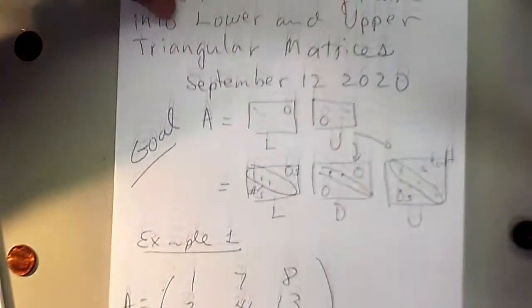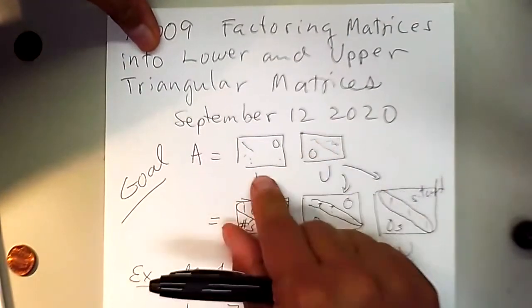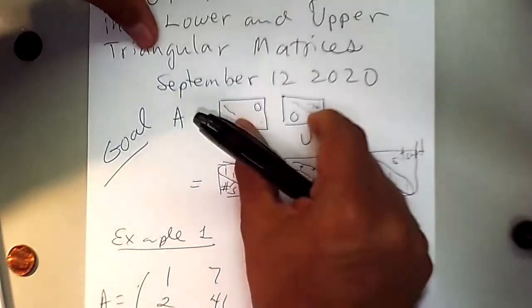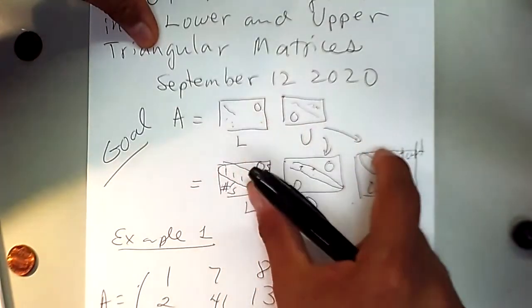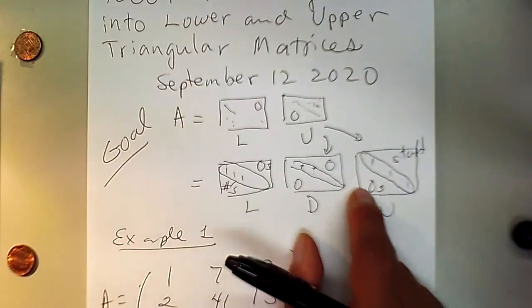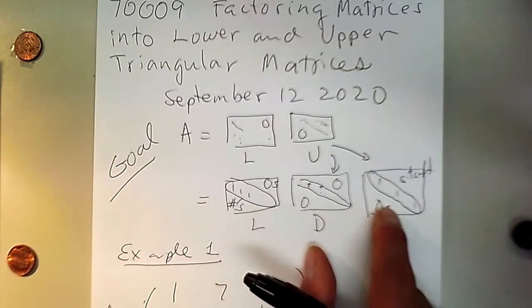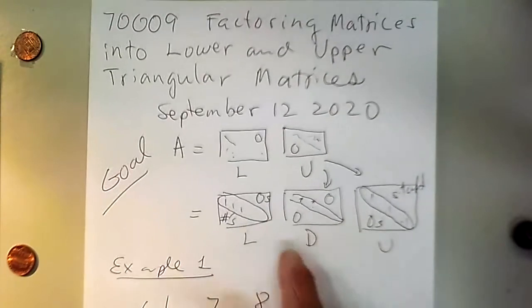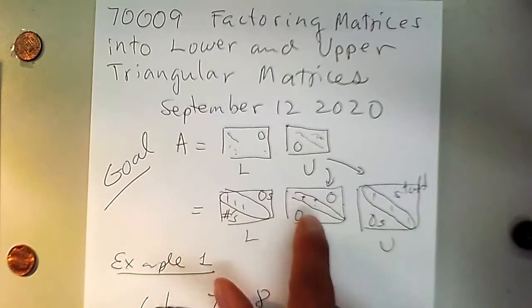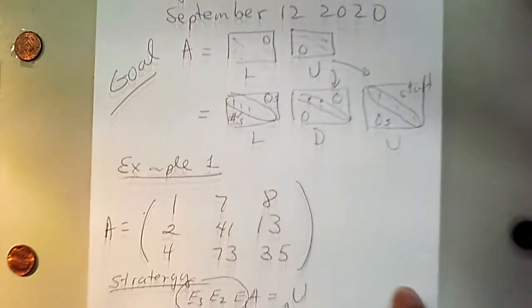Once we have L and U, then we're going to be at this point, and then going from here to here, we're going to have a total factoring into triangular matrices. I'm going to call it total just right now, when we have ones here, and then not necessarily ones on the diagonal matrix.